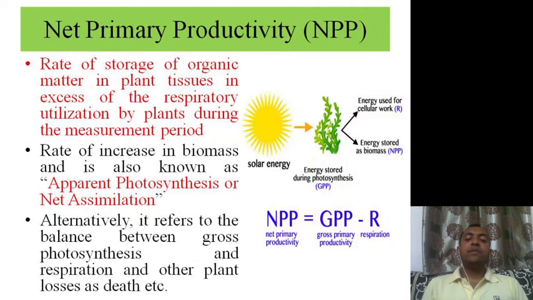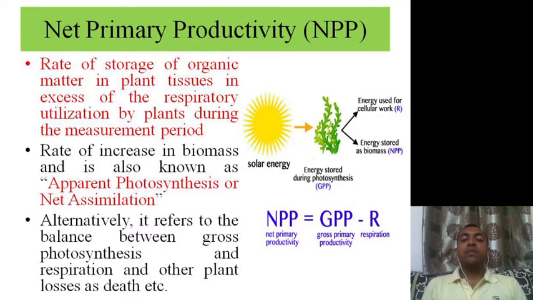Net primary productivity is the rate of storage of organic matter in plant tissues in excess of respiratory utilization by plants during the measurement period. Now I would like you to focus on the diagram. You can see here the solar energy is there and the plant fixes an amount of solar energy. The energy stored during photosynthesis in the plants is basically gross primary productivity.